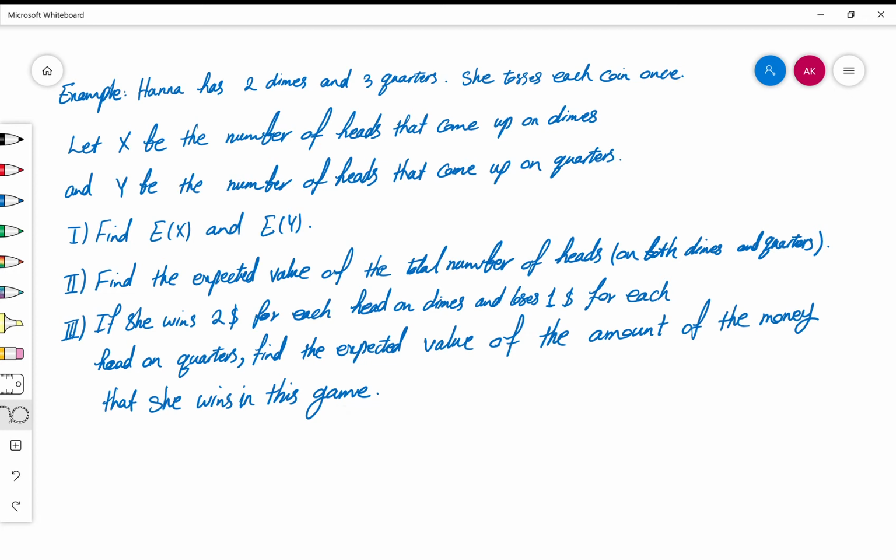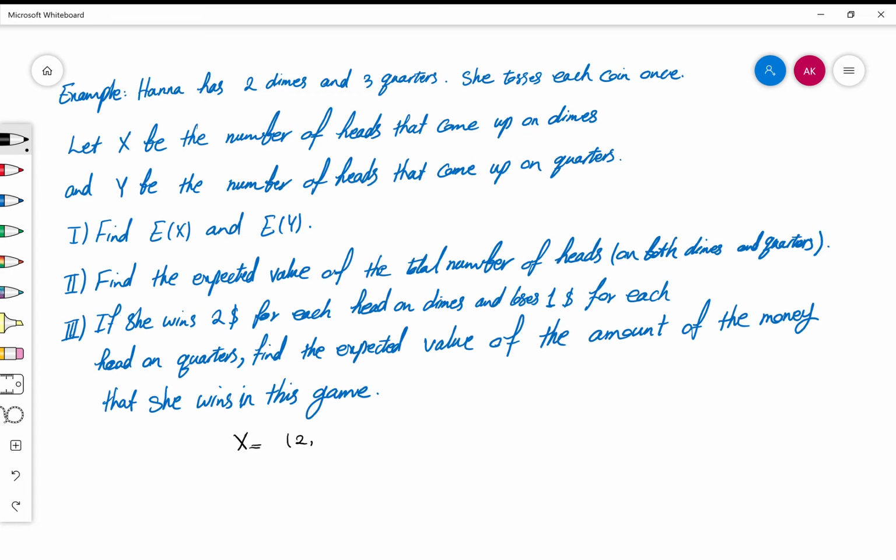So she has 2 dimes and 3 quarters. The first thing to note is that we are basically counting the number of successes. Here success is a head comes up. For x, we are counting how many heads we will get out of 2 tosses of dimes.